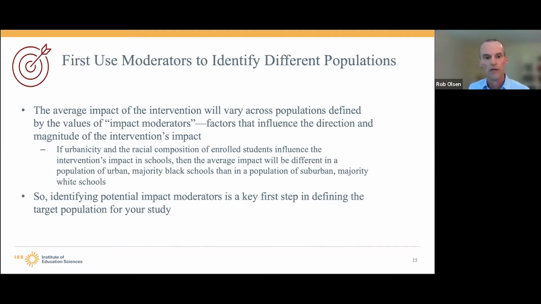So, for example, if urbanicity and racial composition of enrolled students influence the intervention's impact in schools, then the average impact would be expected to be different in a population of urban majority Black schools versus a population of suburban majority white schools. So selecting impact moderators is a first key step in identifying possible target populations from which you could choose your primary one.